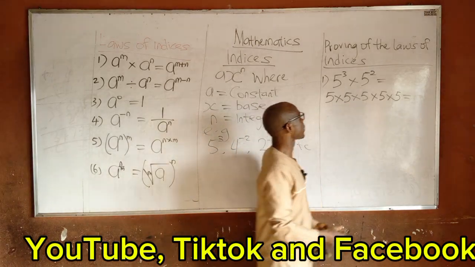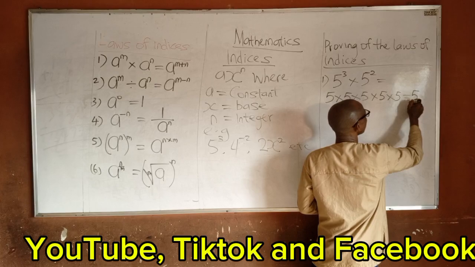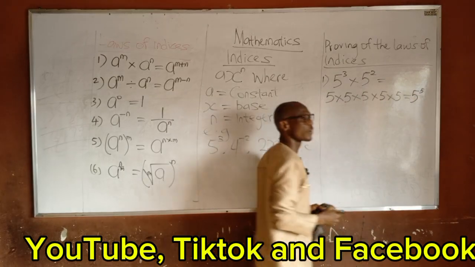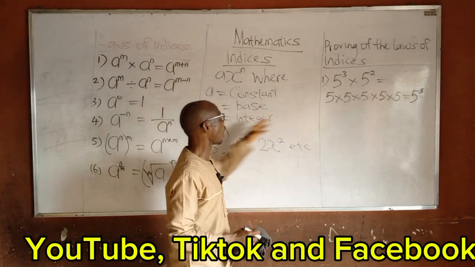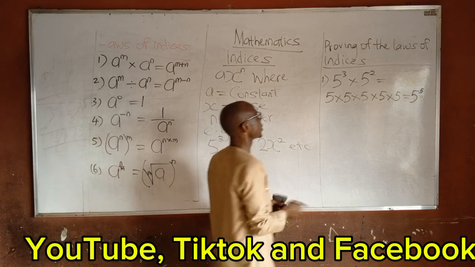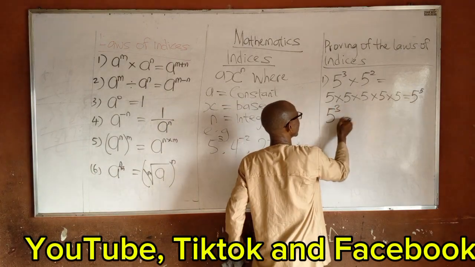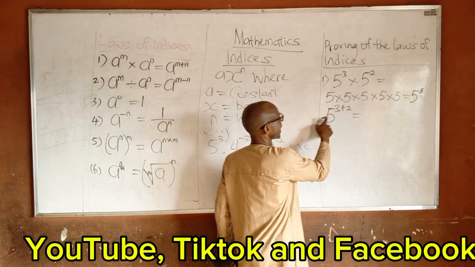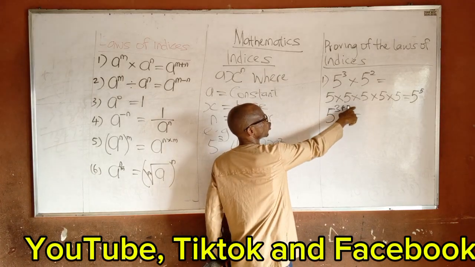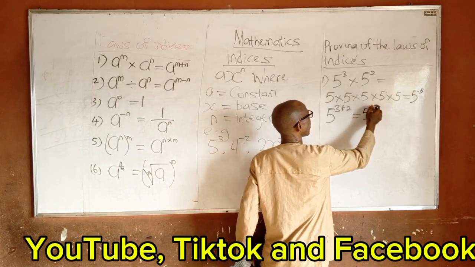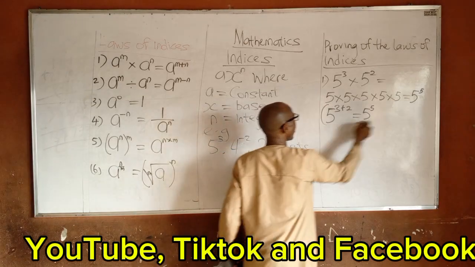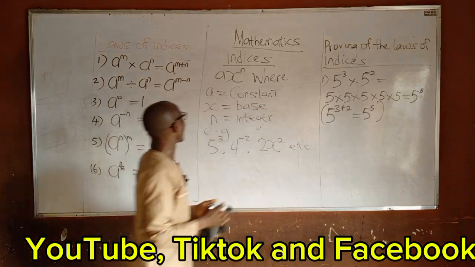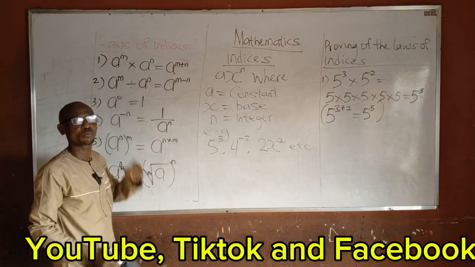So our answer becomes 5 raised to power 5, which corresponds to 5 raised to power 3 plus 2. This is the same thing as 5 raised to power 3 plus 2, which gives us 5 raised to power 5, following the first law of indices.